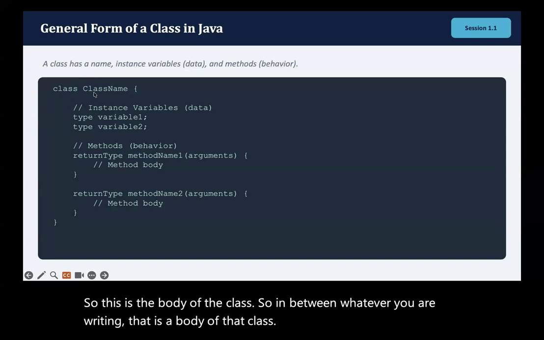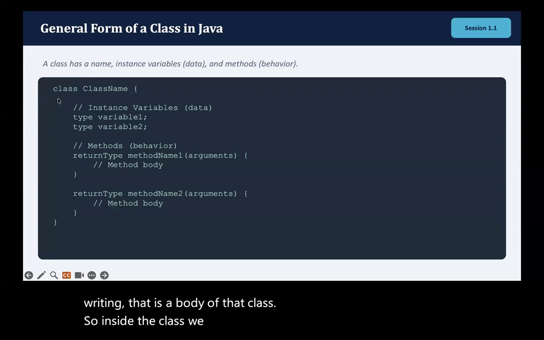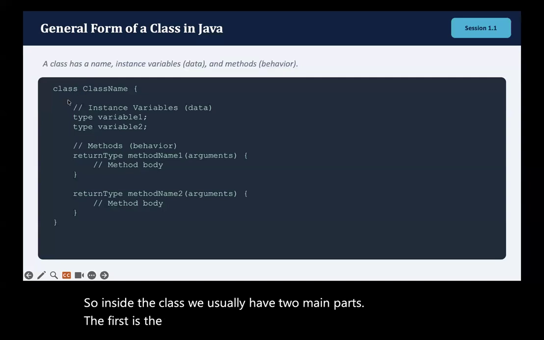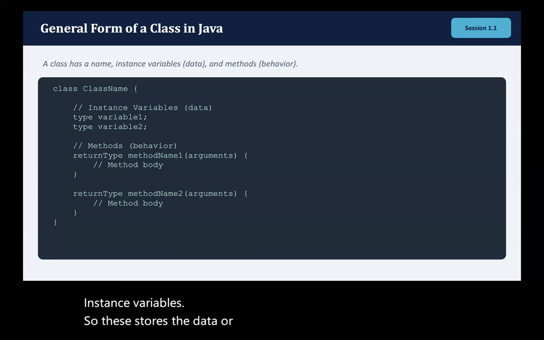So inside the class, we usually have two main parts. The first is the instance variables. These store the data or information about that object.